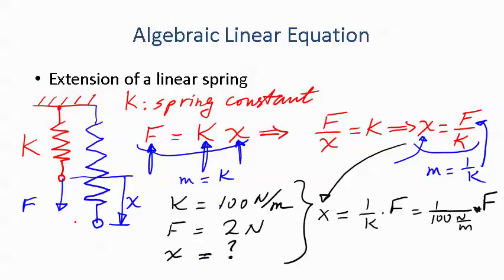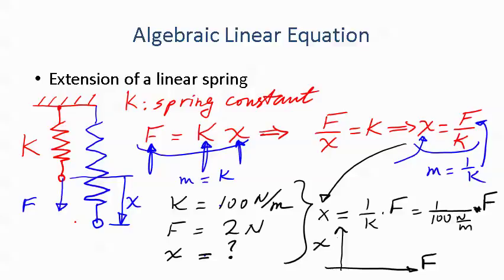So this shows us now the equation of a line where the constant is 0. So if we were to plot it, we will have here the independent parameter, which is the force. On the vertical, the dependent parameter, which is the distance.